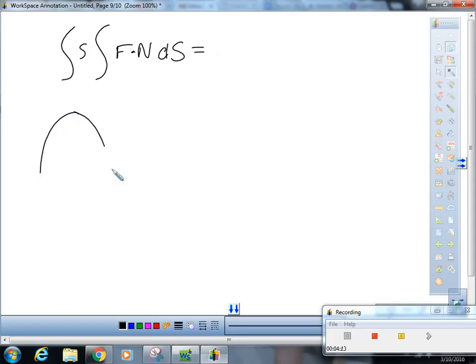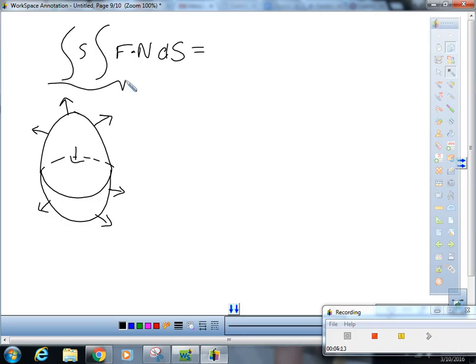Let me draw a little picture here of an egg. Flux was calculating mass per second or volume per second of all of the flow that was coming out of or into a surface. We use surface integrals to do that. This is a surface integral.